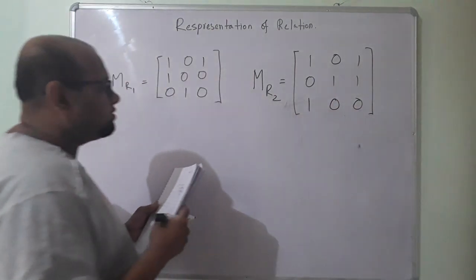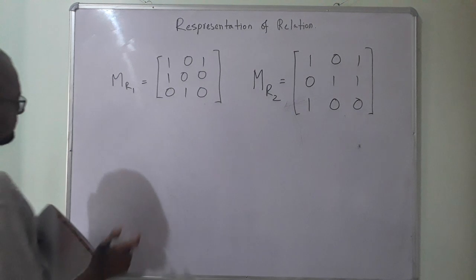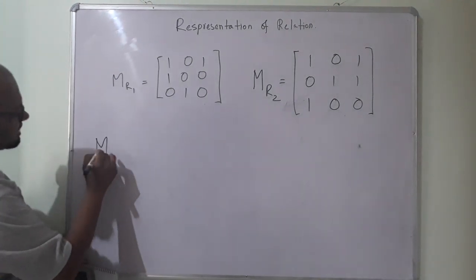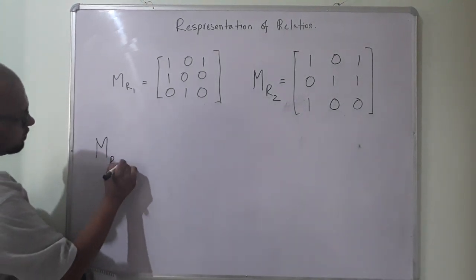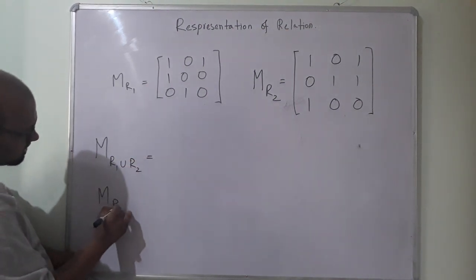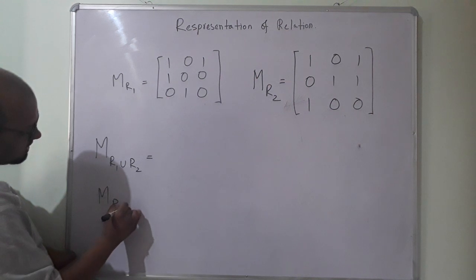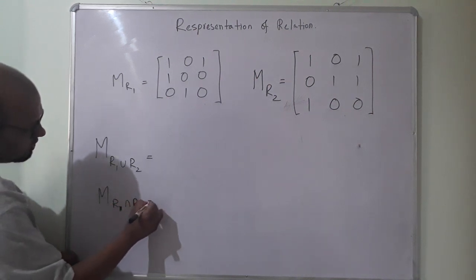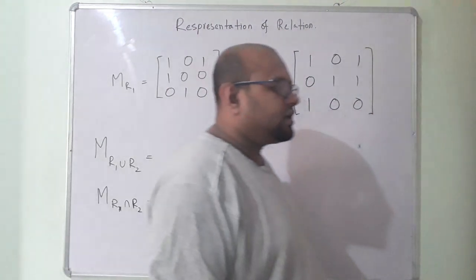So here is the question: what is the matrix representation of R1 union R2, and what is the matrix representation of relation R1 intersection R2? We already talked about this.